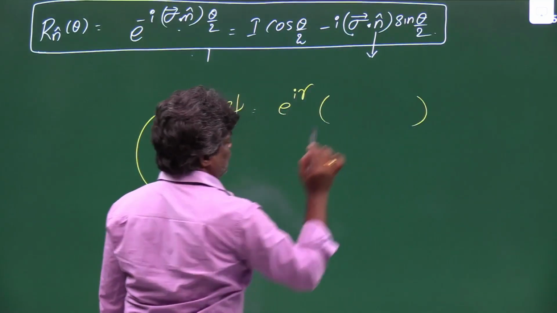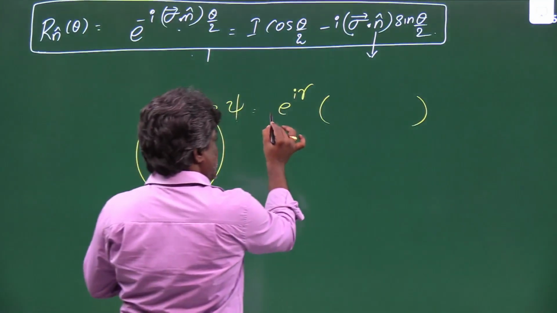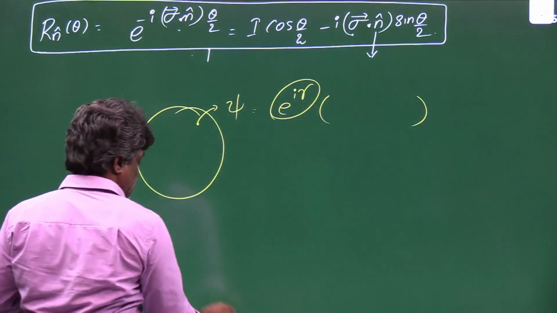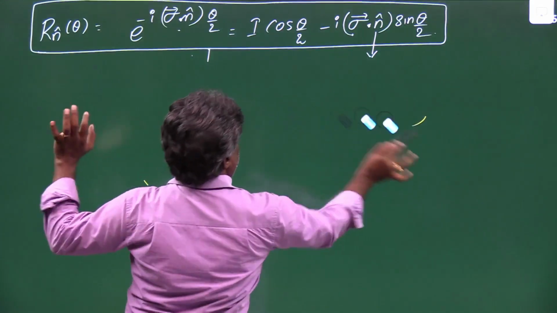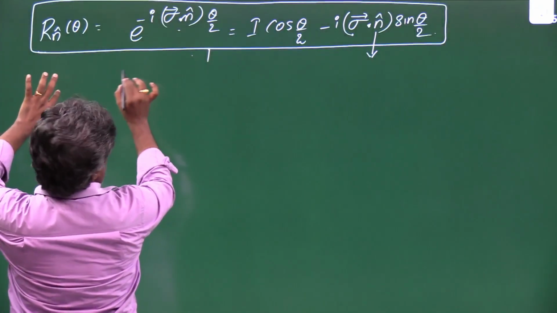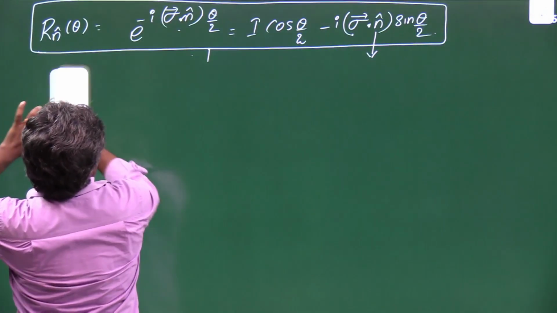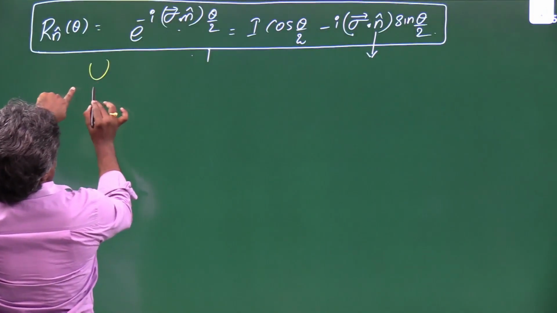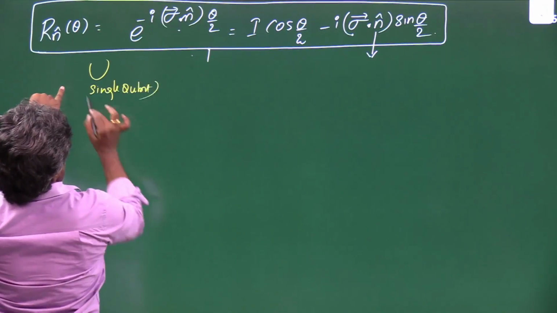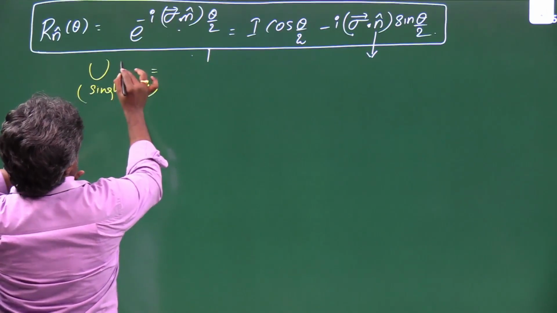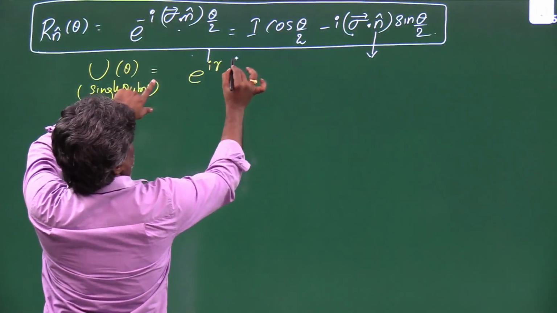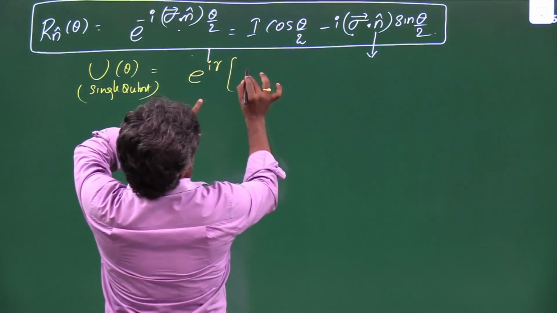That e raised to i gamma you also have to take here, just like a global phase. So finally my rotational operator, after adding the global phase, is any unitary operator corresponding to a single qubit, through an angle theta, equal to a global phase e raised to i gamma times this.